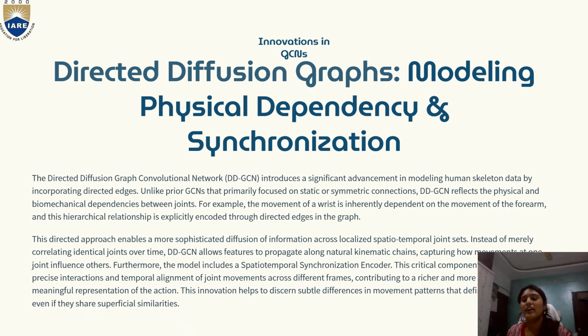So there is a direction, there is a flow of directed lines. This mirrors real biomechanics and allows information to flow more naturally across the skeleton. They also include a spatiotemporal synchronization encoder, which aligns joint movements across time, capturing finer details like the difference between waving versus throwing.